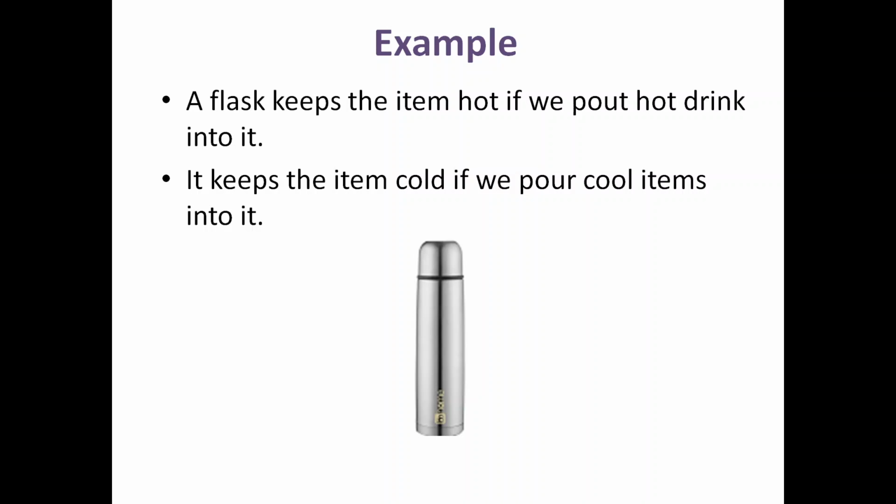But the next day if I put cool drinks inside the flask, it will not make it hot, it will keep it cold. So it will switch its behavior according to what is poured inside it. It will either behave as a hot container or as a cold container. That is the advantage of a flask.